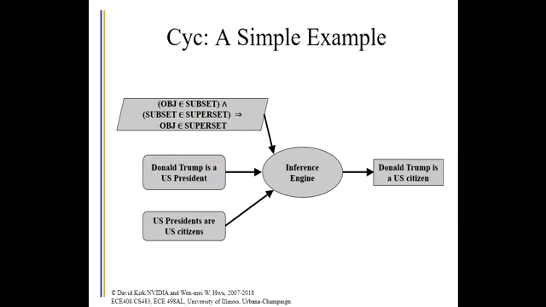Only a small subset of the U.S. citizens were able to become U.S. presidents. And then we also say that the U.S. presidents are U.S. citizens, so the presidents are indeed a proper subset of the U.S. citizens. So that means that Donald Trump is a U.S. citizen. So this goes through the reasoning, and it will give us some kind of conclusion.